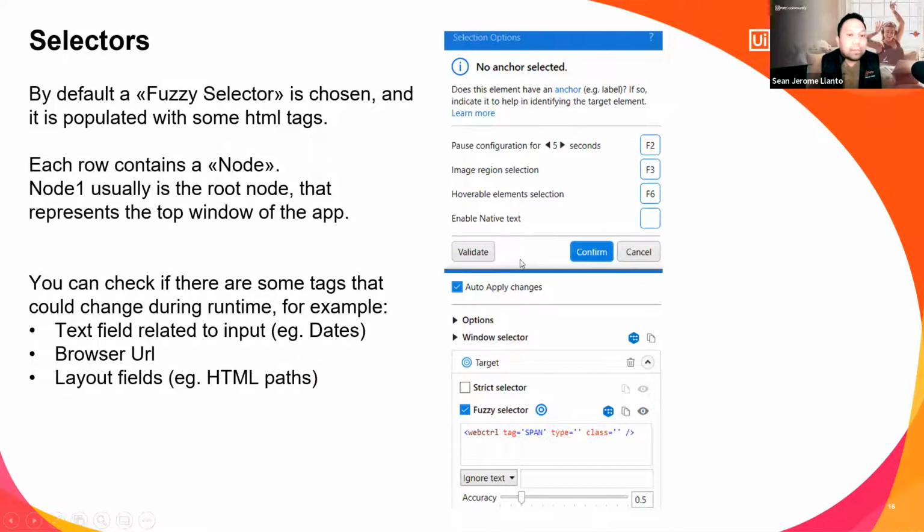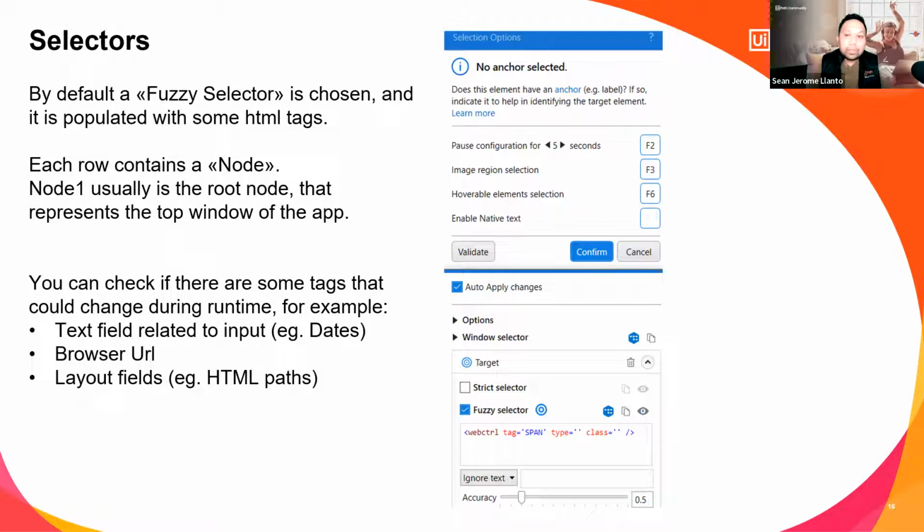Stefano was talking about a modern design experience earlier, and just to give more context on that, there are two design experiences. One is the classic design, which was available prior to 2020. So when we were using UiPath previously, it was only the classic design.